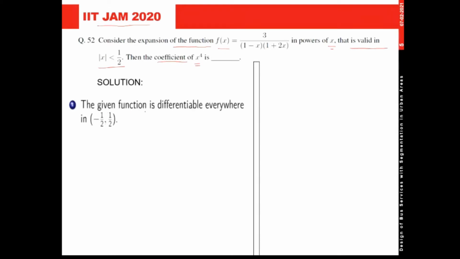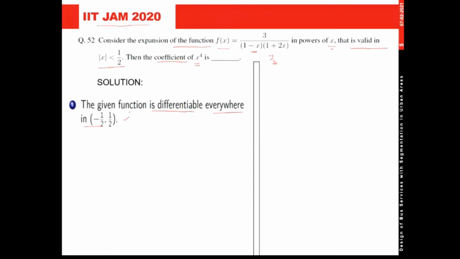So we know that this given function is differentiable everywhere in minus 1 by 2 to 1 by 2, because here the points at which f of x is not differentiable are 1 and minus 1 by 2, right? So these 2 points are not in the given interval.